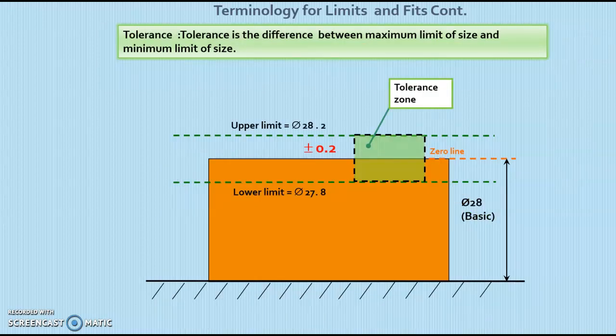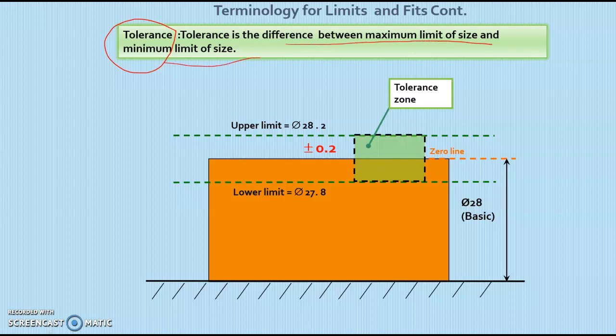If we have these two limits of size, the maximum limit of size and the minimum limit of size, then definitely there will be a term known as tolerance, because tolerance is generated from these two limits of size. Tolerance is the difference between the maximum limit of size and the minimum limit of size.